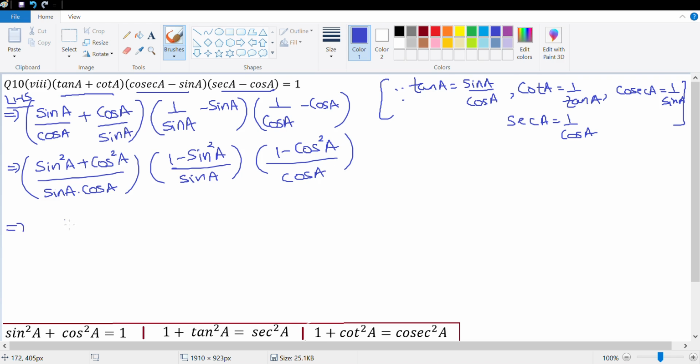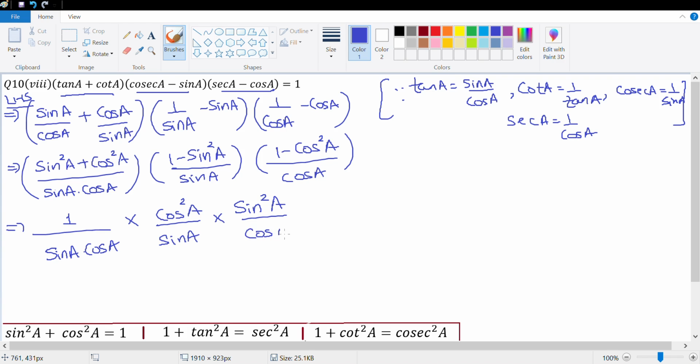Sin square A plus cos square is nothing but 1. This is sin A times cos A. 1 minus sin square A is nothing but cos square A upon sin A, multiplied with 1 minus cos square A is sin square A upon cos A.